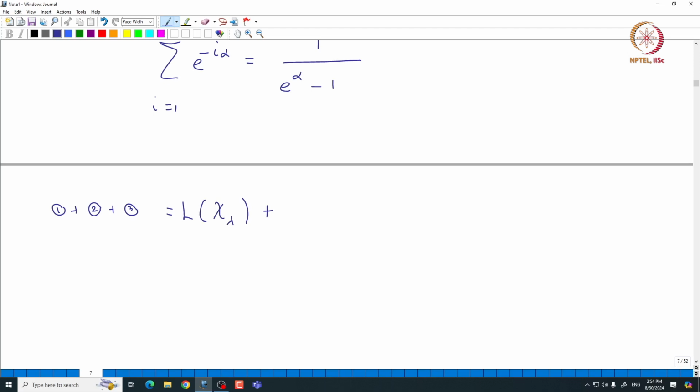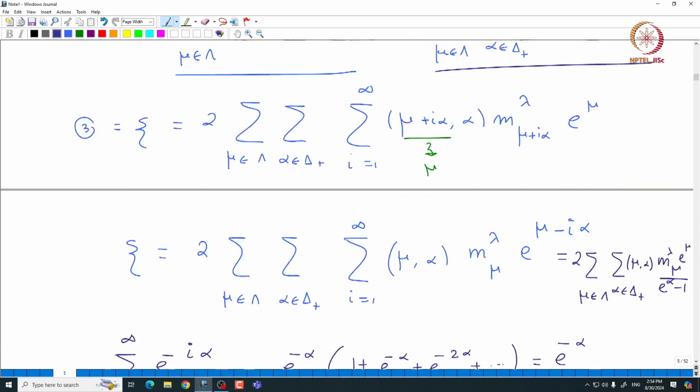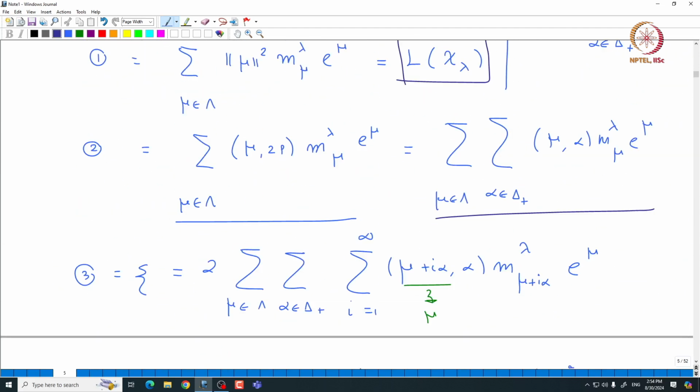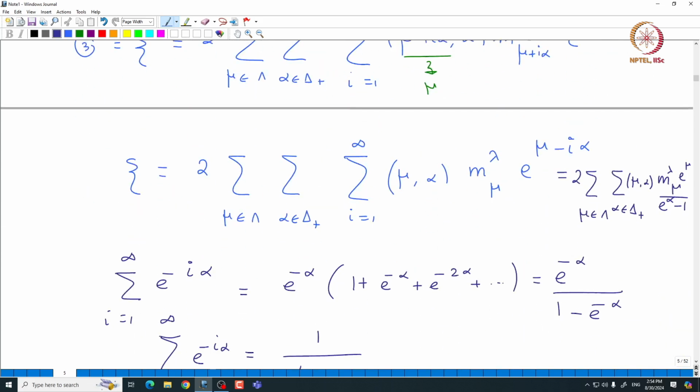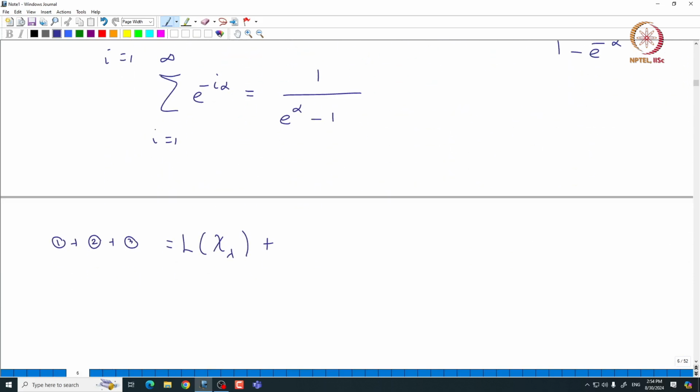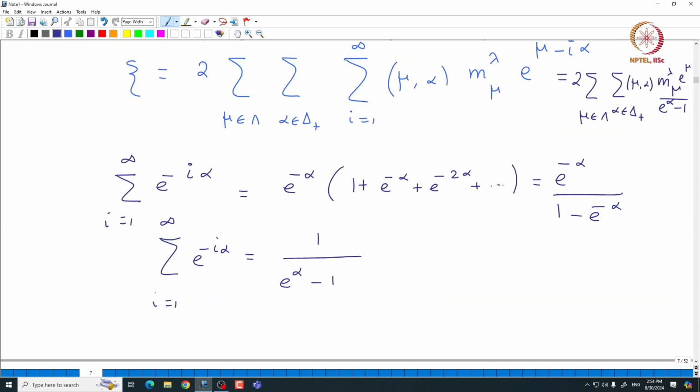The second sum is nothing but summation mu in lambda, summation alpha in delta plus, mu alpha m lambda mu e power mu. So, this is the second sum.